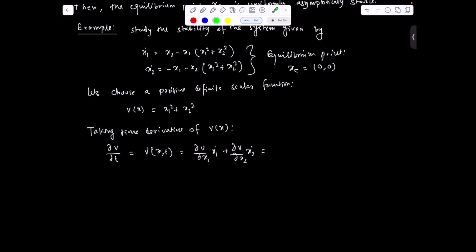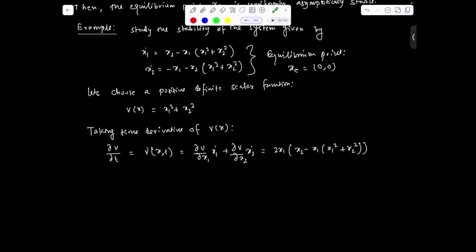So dou V dou x1 is 2x1, and x1 dot we already have, so we can write x2 minus x1 times (x1 square plus x2 square).